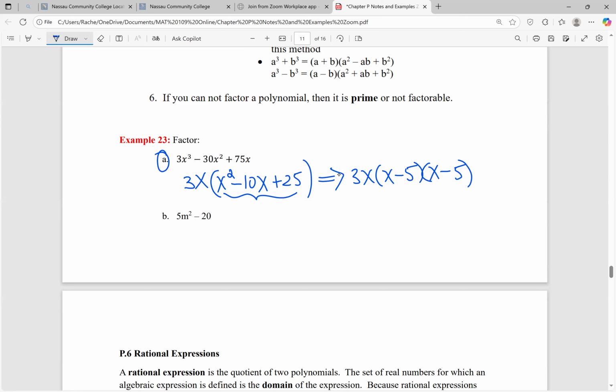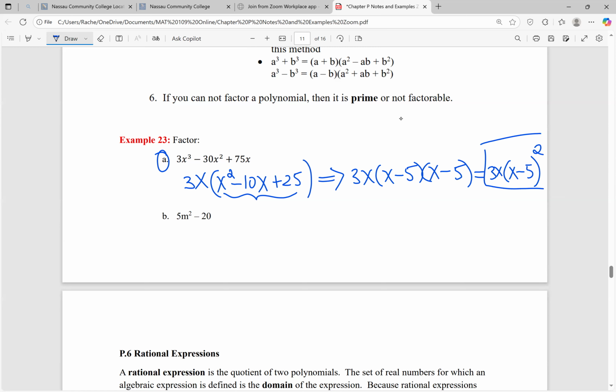Multiply to positive 25, and a negative 5 and a negative 5 add up to negative 10. Now we're fully factored. And you can also write this, since it's x minus 5 times x minus 5, we could just write that as 3x times x minus 5 squared, right? Because there's 2 of them that we're multiplying.